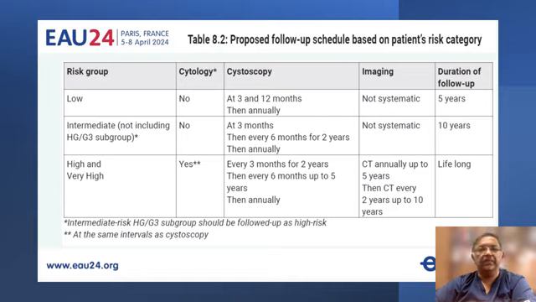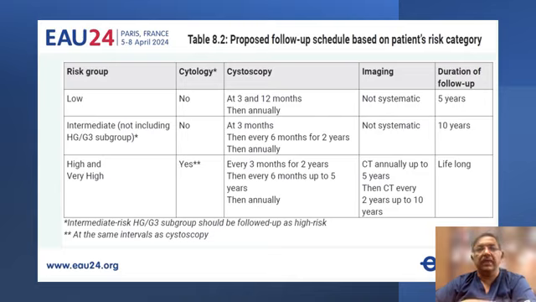And for intermediate risk, it's important that you do 3 monthly cystoscopies. And then if the cystoscopies for the first 2 years are negative, go on and do the 6 monthly for up to 5 years and then annually.